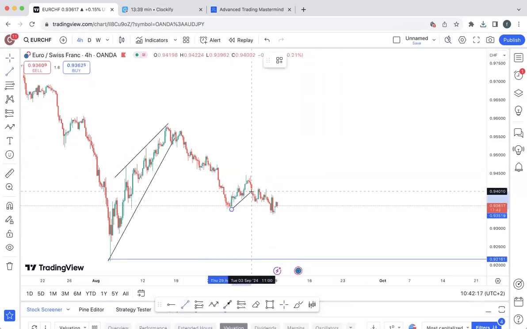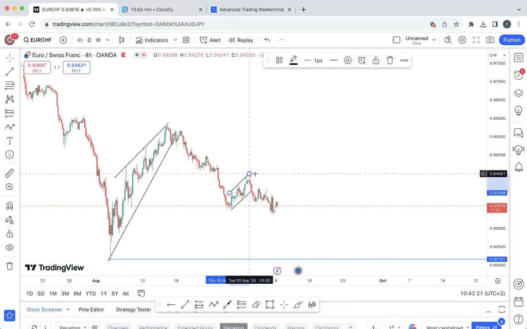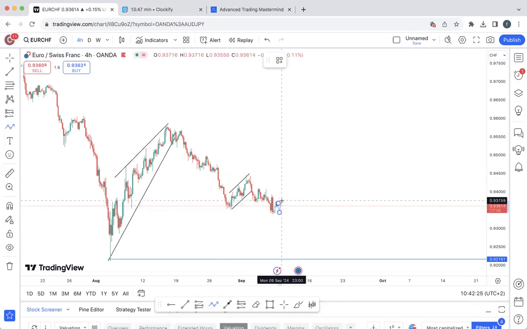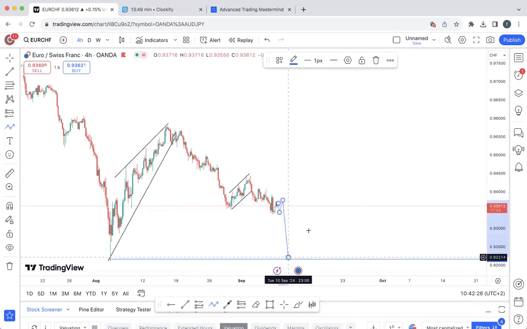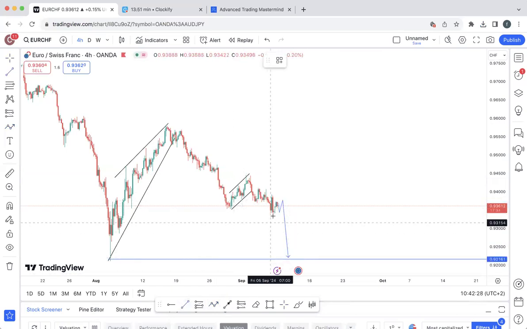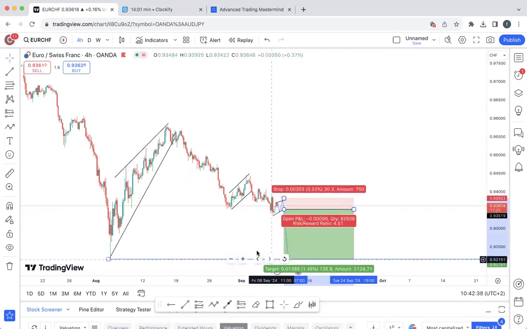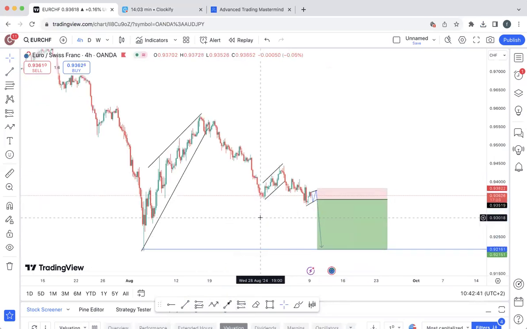Something similar to this, as you can see. This continuation over here. So if we do have our two swing highs and then two swing lows in a form of a continuation, then this is going to be our entry pattern, which we'll execute like so. On the breakout, stops above, take profit all the way to the downside.